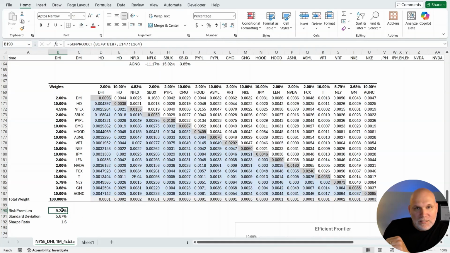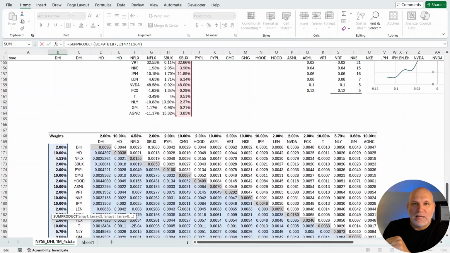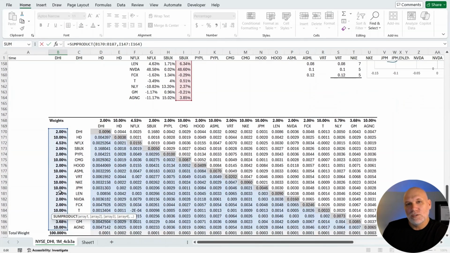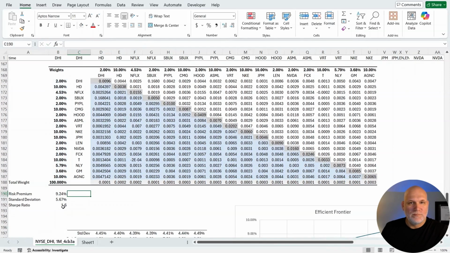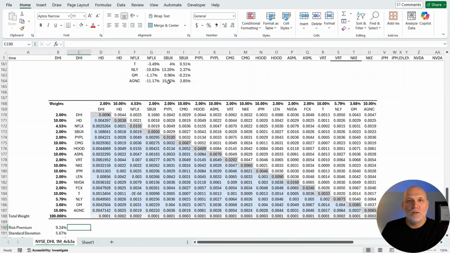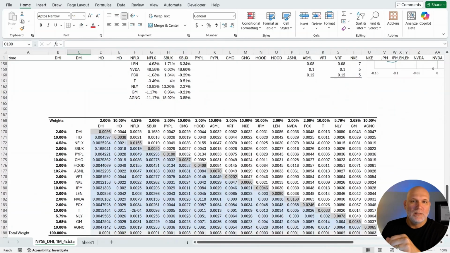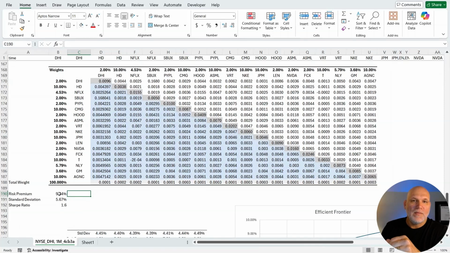So this risk premium is factored by multiplying these together, because I've got to get the weights. I'm going to use Solver to get the weights, and we're going to calculate our minimum standard deviation or our minimum risk, use those weights, figure out what my excess return is over here and over here, and then it's going to calculate what my risk premium is.